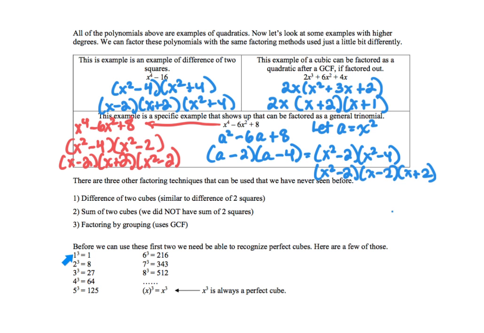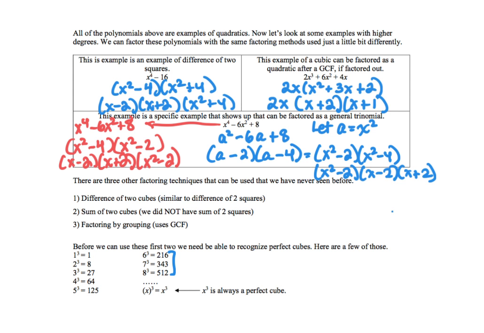So 1 cubed is 1, 2 cubed is 8, 3 cubed is 27, 4 cubed is 64, 5 cubed is 125, 6 cubed 216, 7 cubed 343, and 8 cubed 512. Now, to be honest with you, these I tend not to remember so well, but we still can work that out.